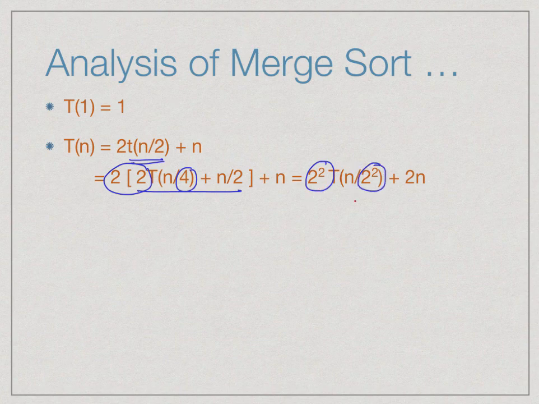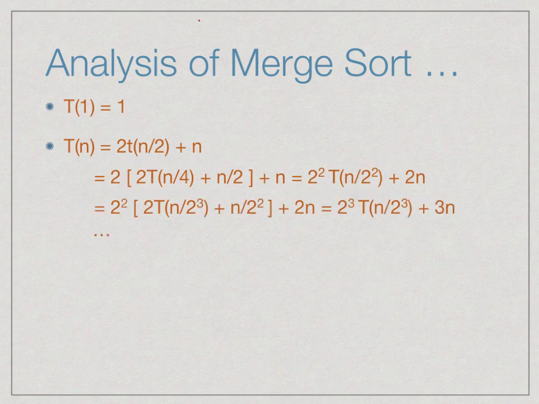So now we expand this t n by 2 square and we will get another division by 2. So we will get 2 times t n by 2 cube plus n by 2 square. Now notice that this and this cancel, so we get another n. We already had 2n, this n plus 2n times n by 2. So now we will have 3n.